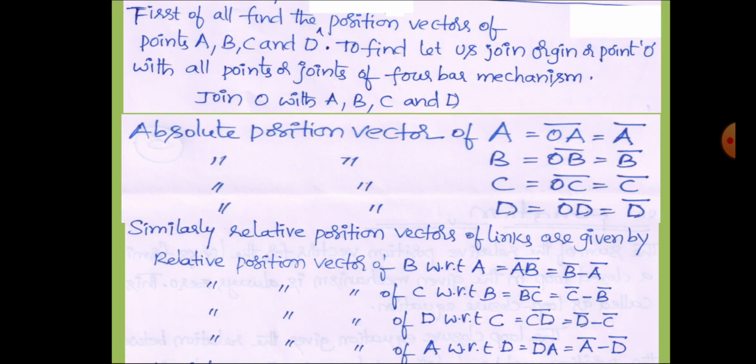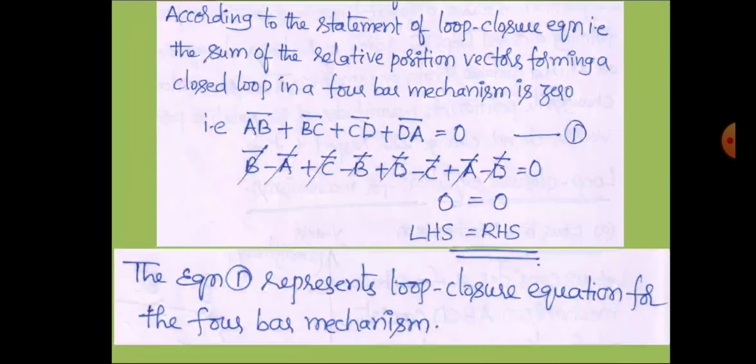BC bar is C bar minus B bar. CD bar is D bar minus C bar. DA bar is equal to A bar minus D bar. Like that you find the absolute position vectors and similarly the relative position vectors.